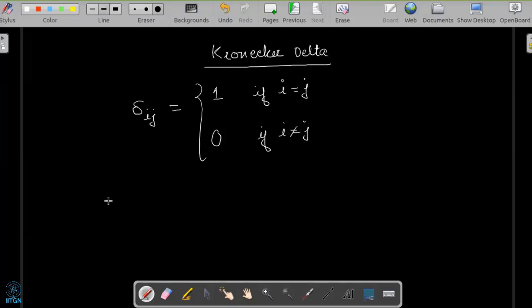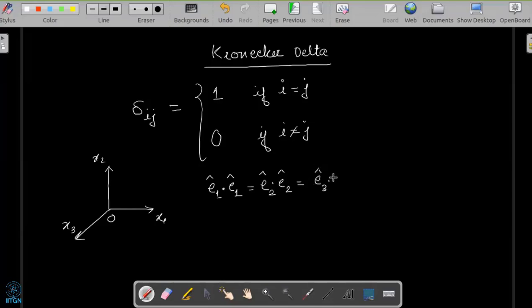Now, in order to understand it, let's consider the coordinate system OX1, X2, X3. If you recall, the dot product of any two base vectors, if it is the same base vector, for example E3 with E3, is equal to 1.